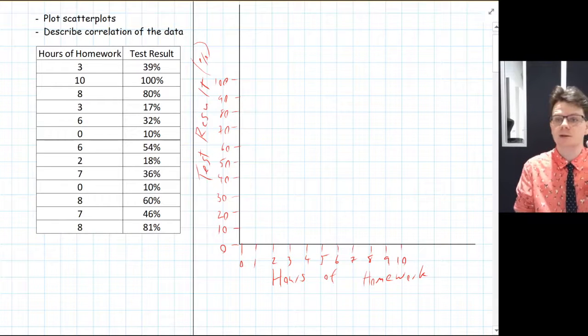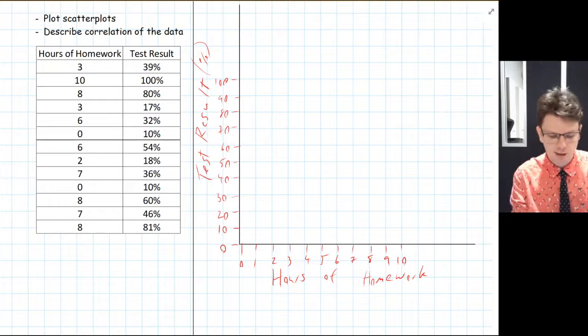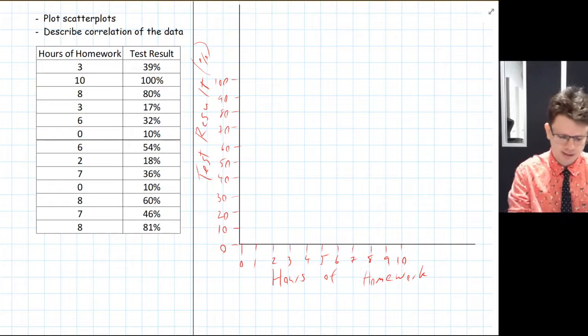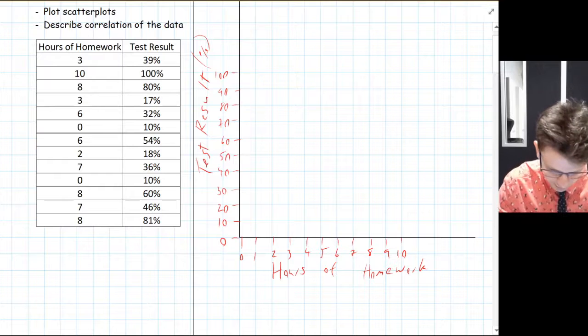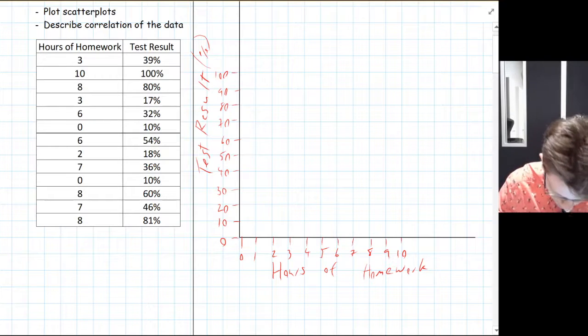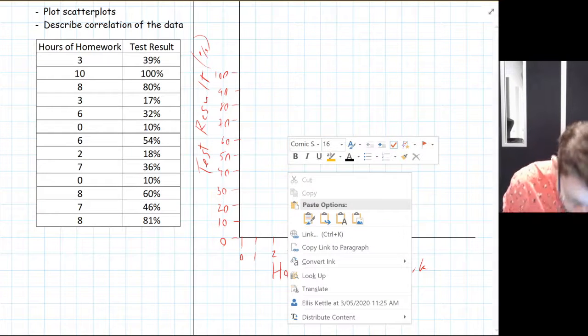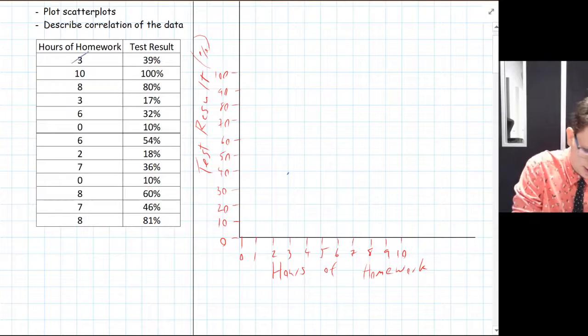Alrighty. So now it's time to actually start plotting the points. Now it's a little bit harder than, say, doing a line graph, just because you have got to have a look across and see. So at 3, it's 39 high. So at 3, we go up to just underneath 40. So there's my first point.